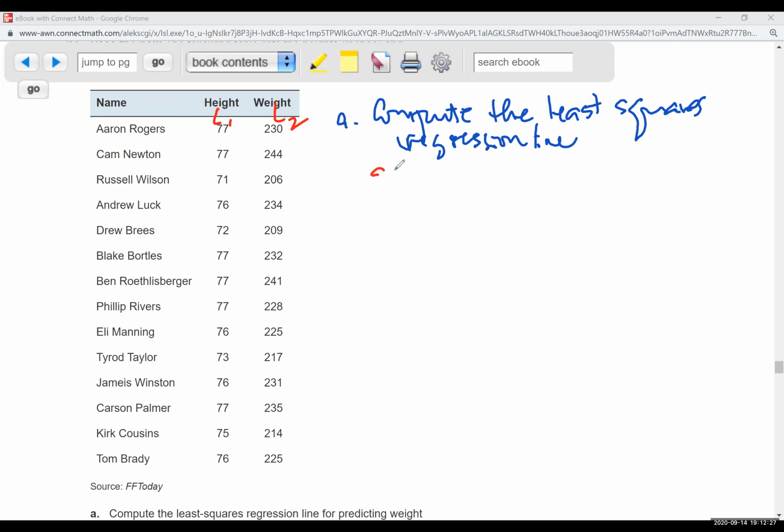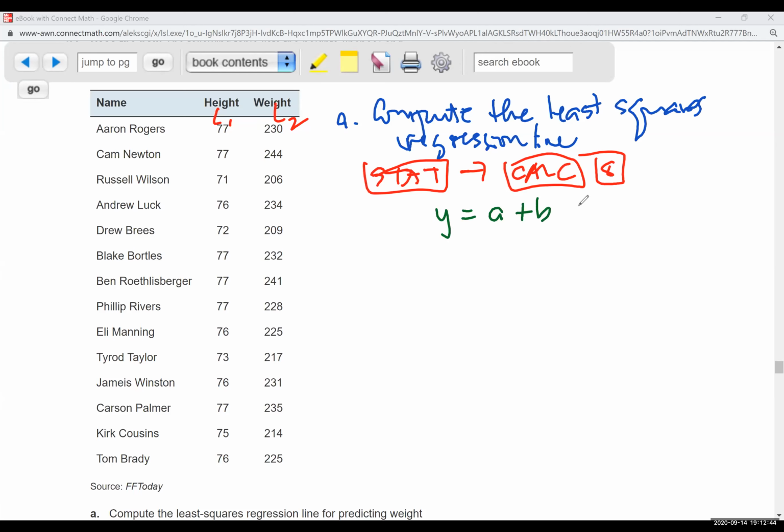Shortcut again, StatCalc 8. You should see on top of your screen the pattern y is equal to a plus bx, right? So just copy a and b.